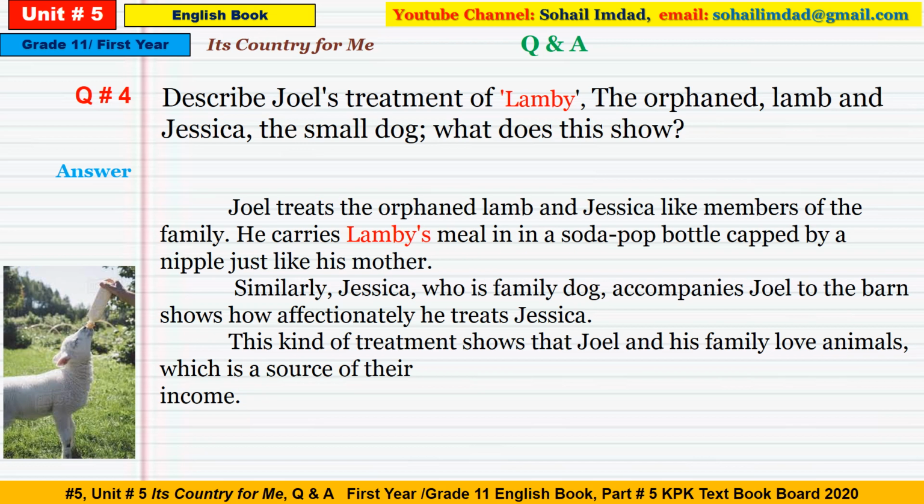He carries Lamby's meal in a soda pop bottle, capped by a nipple, just like his mother. Similarly, Jessica, who is the family dog, accompanies Joel to the barn, which shows how affectionately he treats Jessica. This kind of treatment shows that Joel and his family love animals, which are a source of their income.